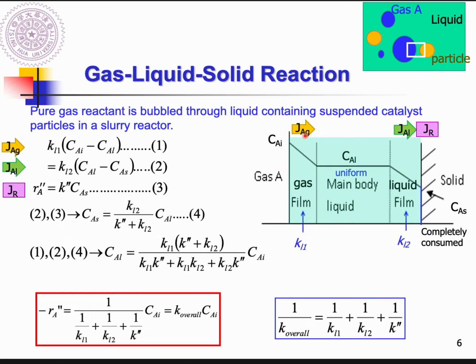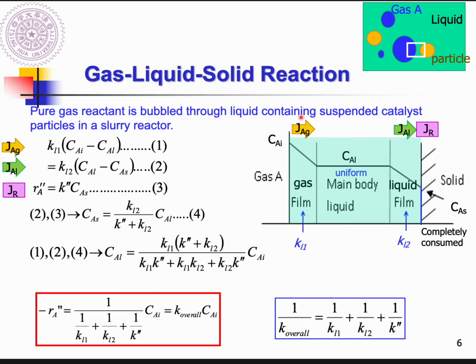When it reaches steady state, it means that however much reactant A is transported through the gas film, gas main body, liquid main body, and liquid film, this reactant A will be completely reacted with the solid catalyst. So JAG will equal JAL and equal JR.